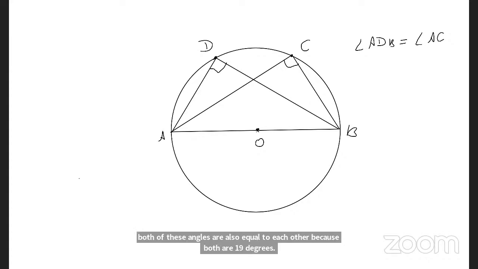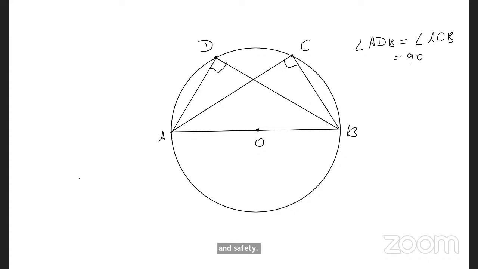Now what if we do the same thing below as well? If we mark 2 points here, let's name them D and B. Again join them.